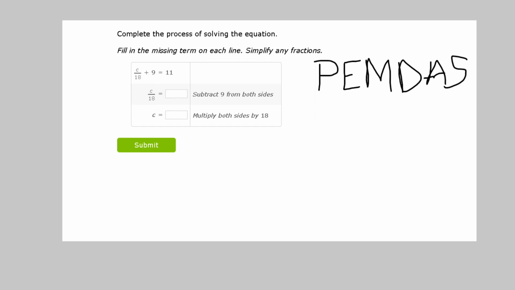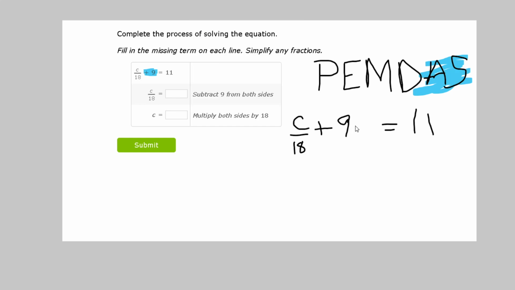So first we need to decide where to start. We're adding 9 on both sides. We know addition and subtraction comes first. So first we're going to try and get rid of this 9. So we have c over 18 plus 9, and we know that's equal to 11.